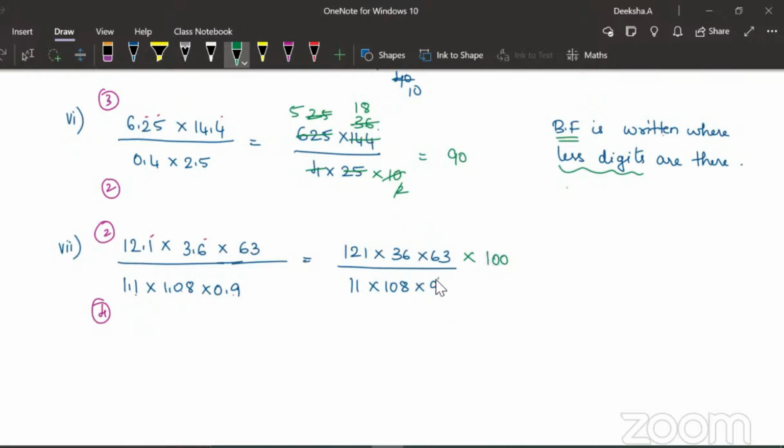Now we cancel this. 9 sevens are 63. 12 nines are 108. And 12 threes are 36. Directly you can get 36 threes are 108. 11 11s are 121. So basically you will get 7700 by 3.